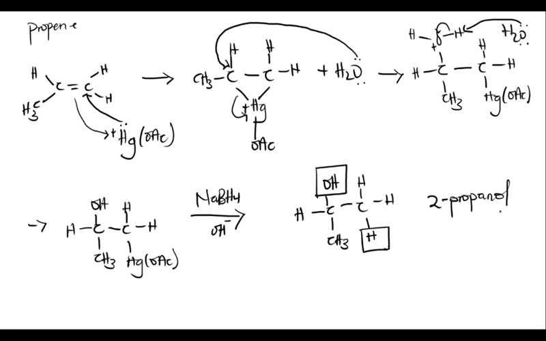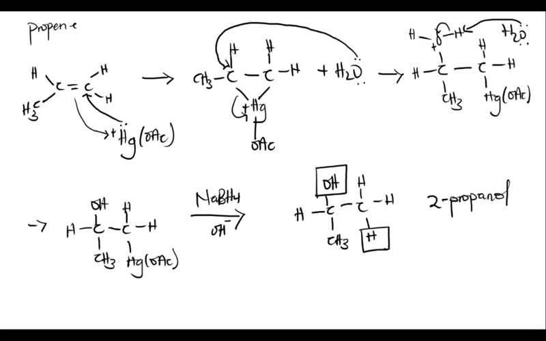Okay, and like I said, unlike the direct hydration of an alkene in the presence of a strong acid, oxymercuration demercuration produces alcohols in better yields, since carbocation intermediates are not produced in this reaction.